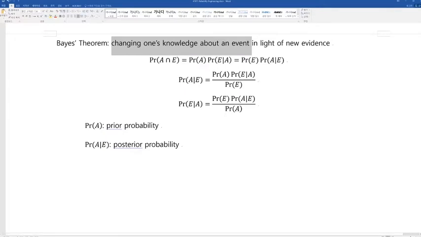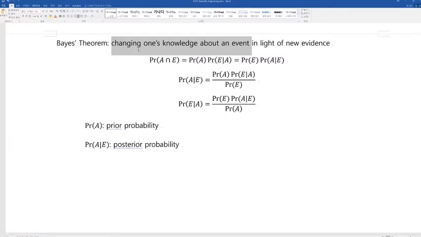In light of new evidence, after the test, the new evidence was that the chip was defective. Before knowing that, this probability was 0.7. But after receiving that new information, the probability changed to 0.163.